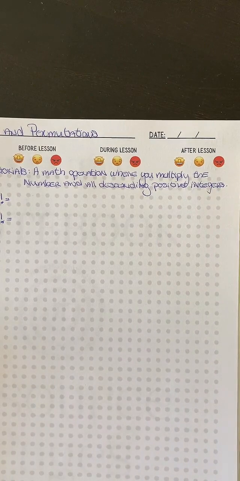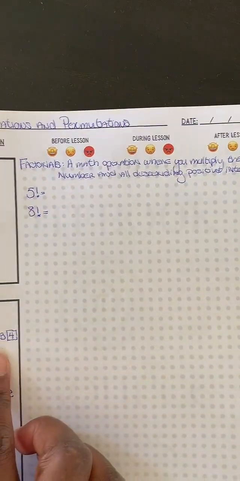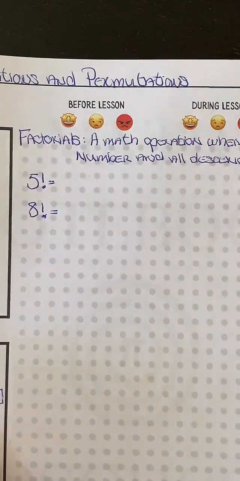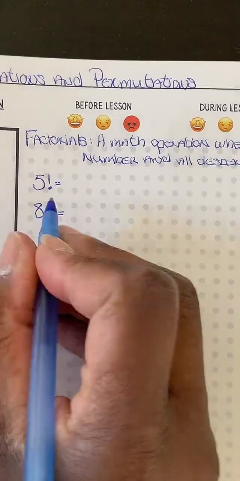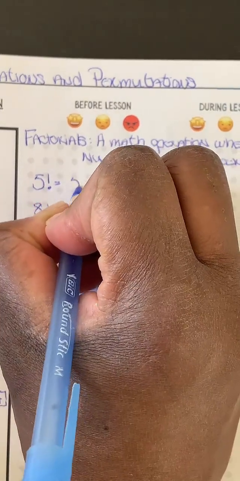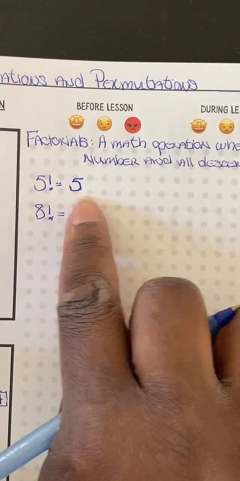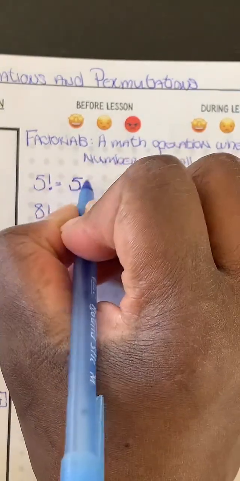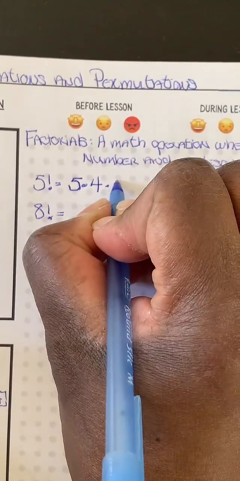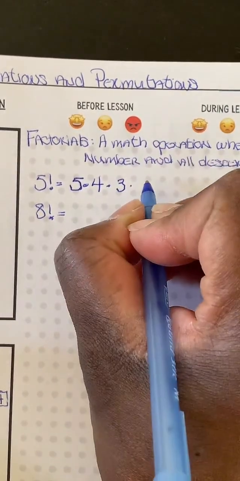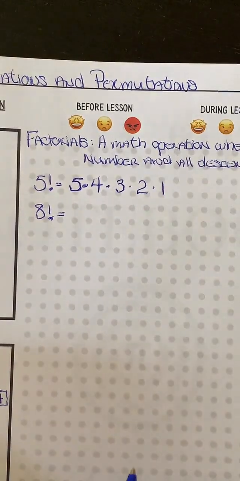So if I take a look at 5 factorial, let me zoom in. 5 factorial means I'm starting with my number of 5, and I'm going to multiply the rest of the numbers in descending order. So the next number will be 4, then 3, then 2, then 1.